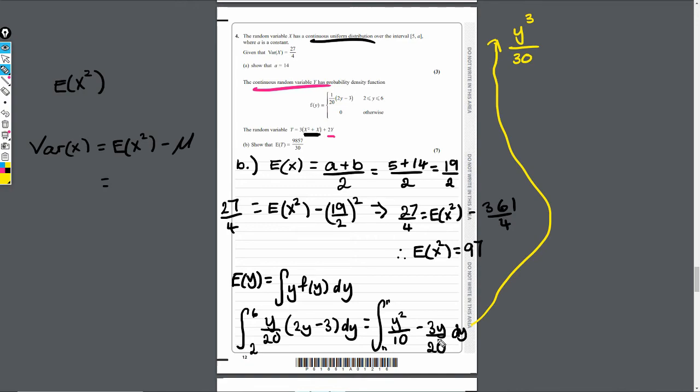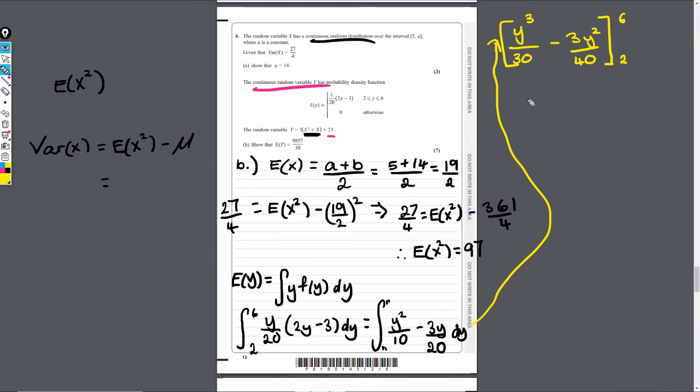Add 1 to the power, divide by the new power, this would be minus 3y squared over 40, okay? And then don't forget my limits are 6 and 2. So now all you've got to do is plug a 6 into here, and then do the same and subtract the 2 off for the lower limit.